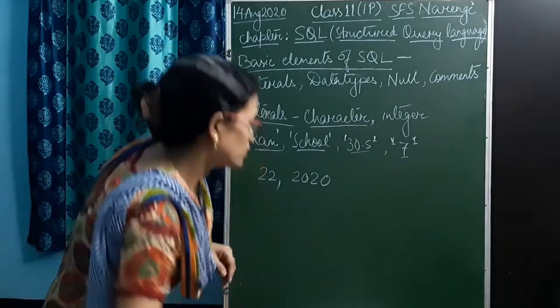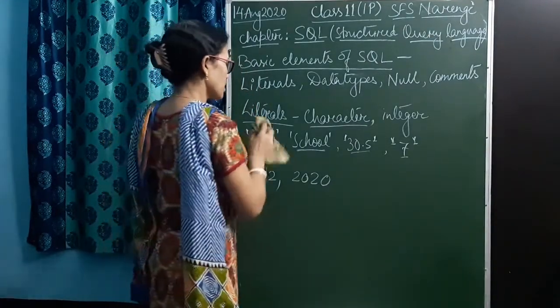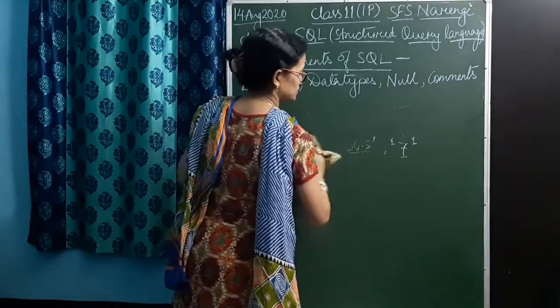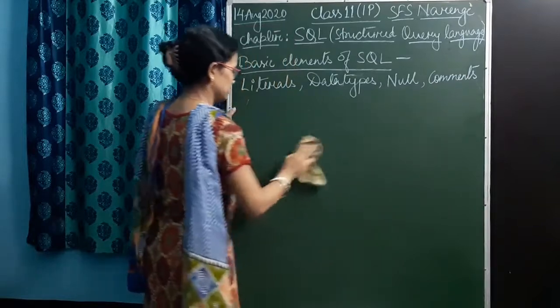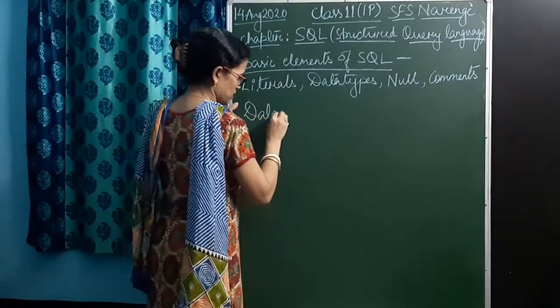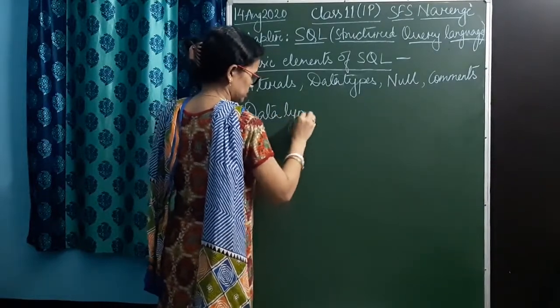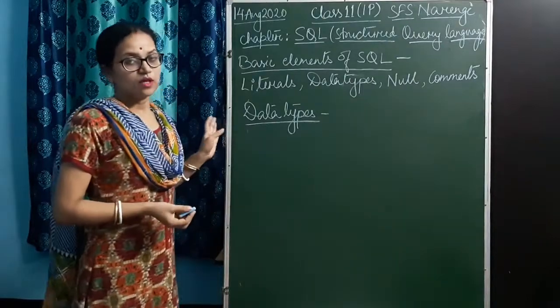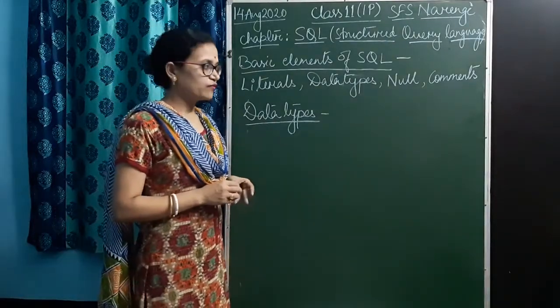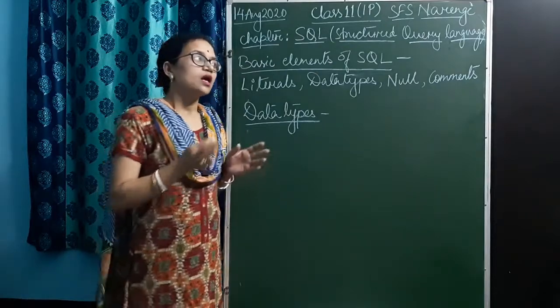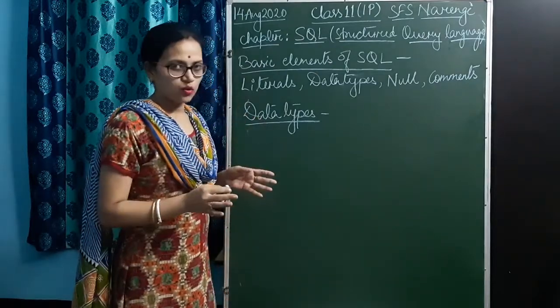Then next, we are going to talk about data types. Now, what is a data type? If I have to explain it in very simple language, suppose there is a cupboard in your house.